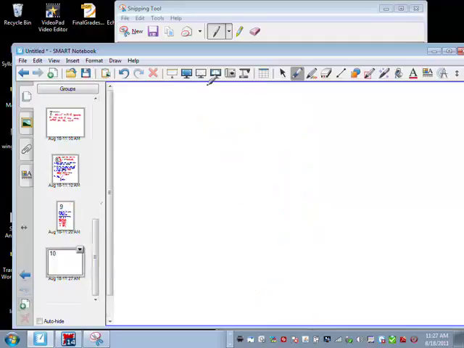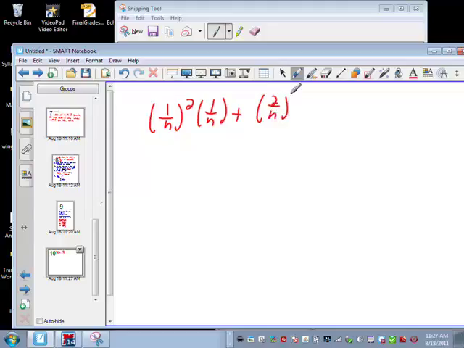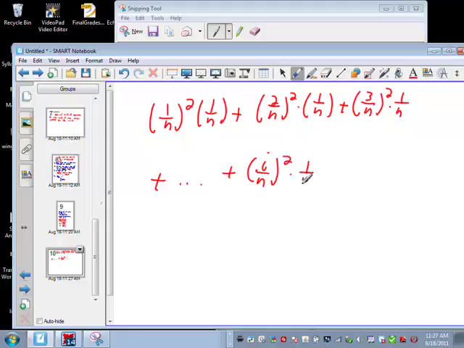All right. So now it's 1 over n squared times 1 over n plus 2 over n squared times 1 over n plus 3 over n squared times 1 over n plus dot dot dot. Let's say i over n squared times 1 over n.